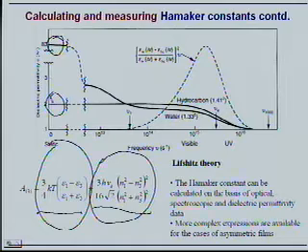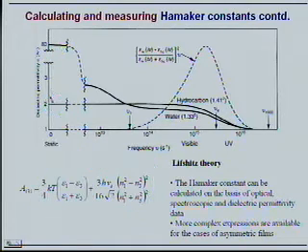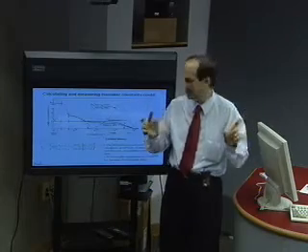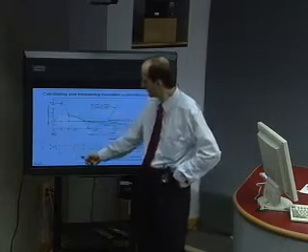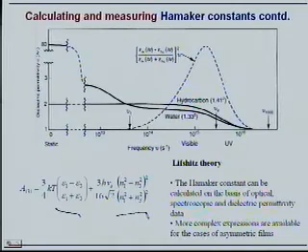Now, let me finish here just with one last and important note. If you want to compare the Hamaker constants of two phases, you don't need to measure the Hamaker constants. You can take the polarizability and the refractive indices.